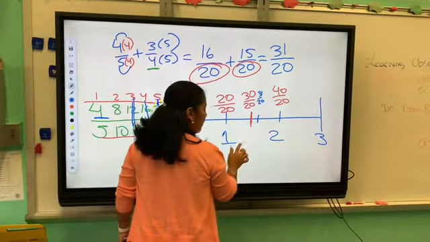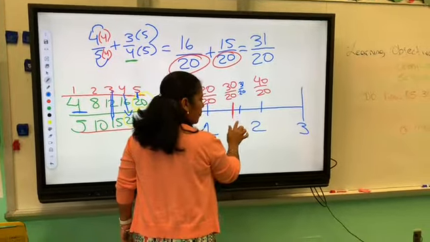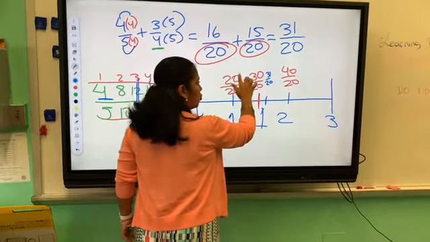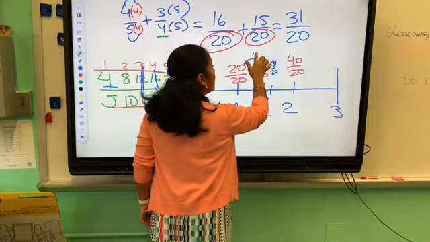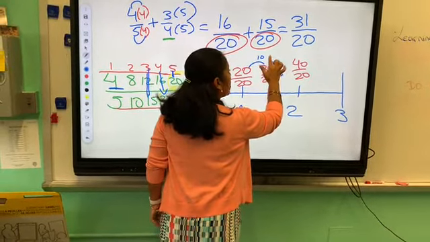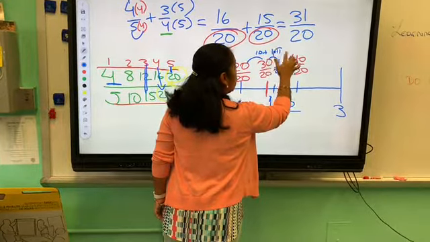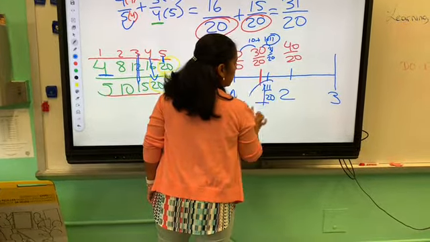So now that I have that, look, if I want to change this into a mixed number, I have this 1, and from 20 to 30, how many, what is the distance? 10. And from 30 to 31, what is my distance? 11. So that will be me equals to, thank you. So here we have 11 over 20.